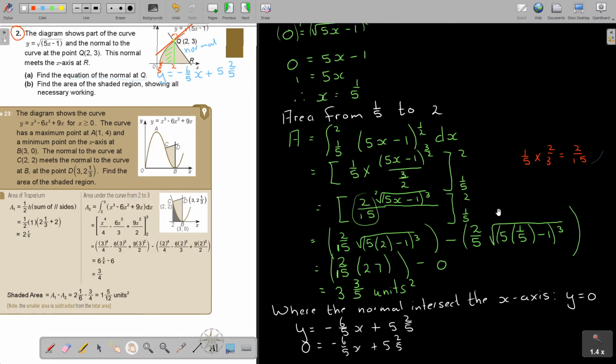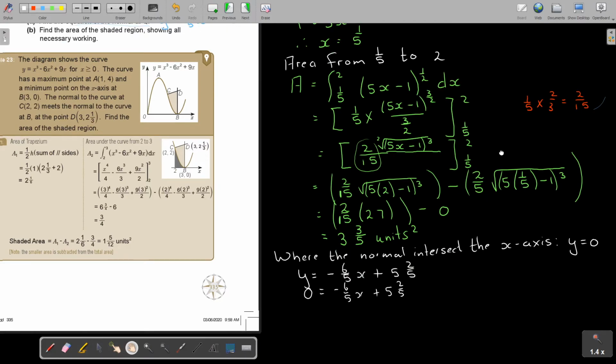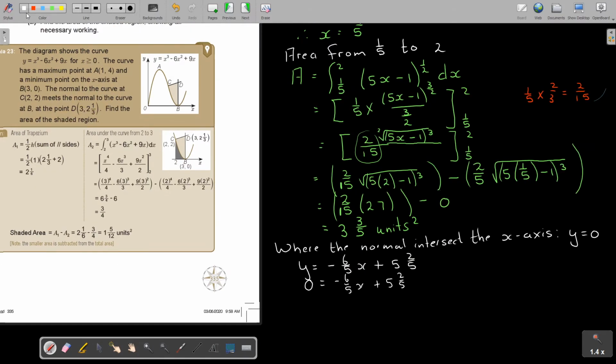Okay, and if I move it up now, you can take this one over, so it's going to be 6 over 5 x equals 5 and 2 over 5. And if you just divide this by 6, so it's going to be 5 and 2 over 5 divide 6 over 5 equals, and that's going to give you 4.5.